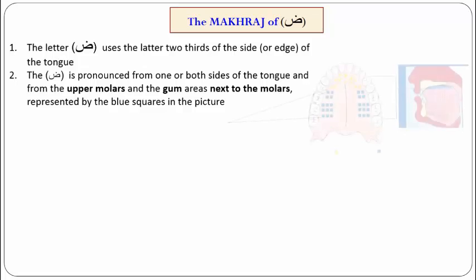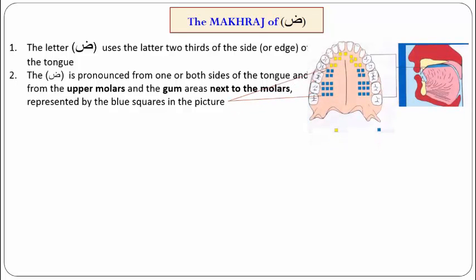This is represented by the blue squares in the picture. That is where the latter 2/3 of the side of the tongue touches, inshallah. If you look at the other picture, which points out where the tongue is in connection with the upper palate, it makes it clear.